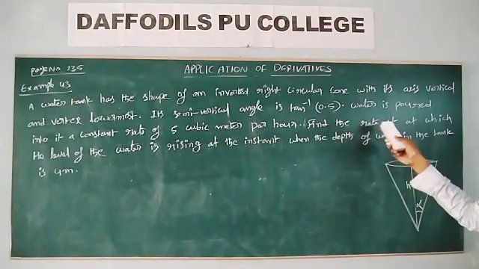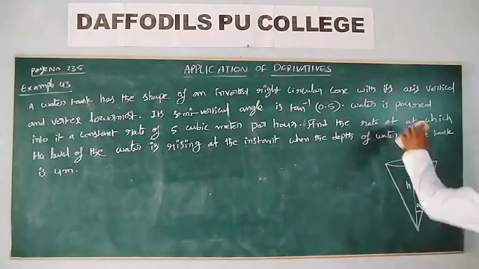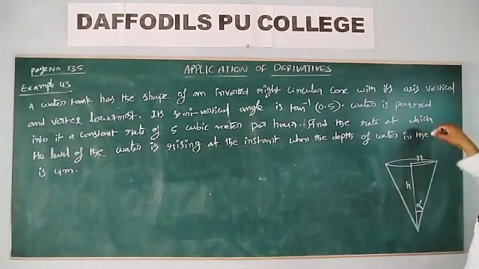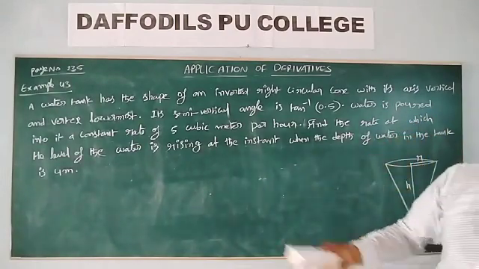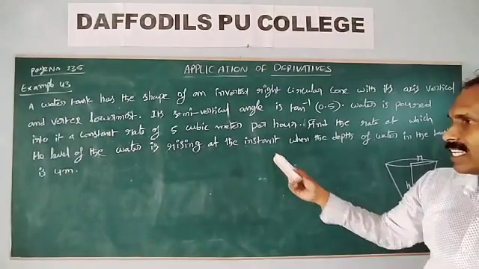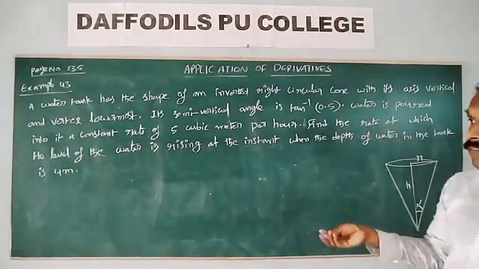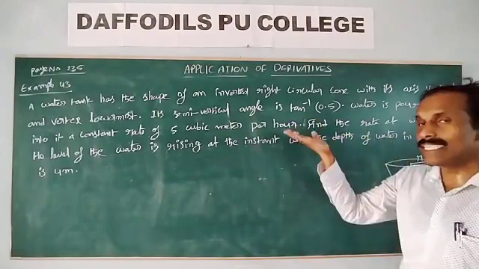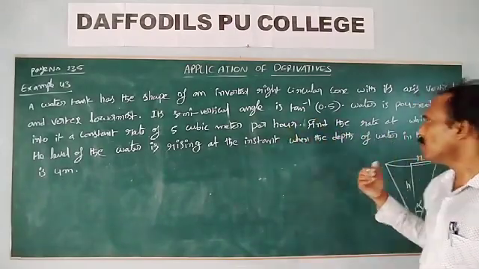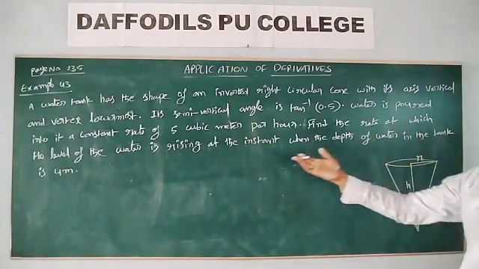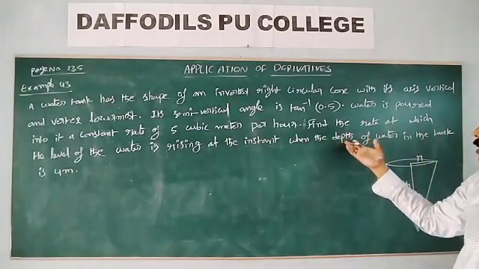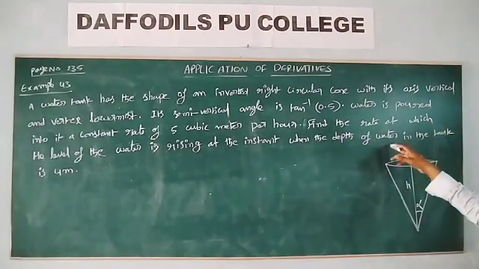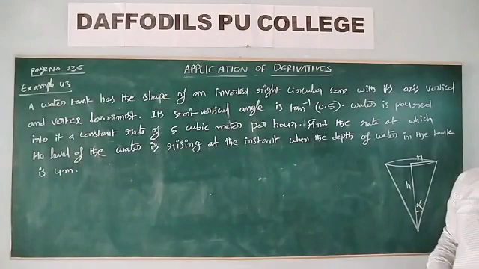Find the rate at which the level of the water is rising. So they ask the rate of rising of the depth of the water at the instant when the depth of the water in the tank is 4 meter.